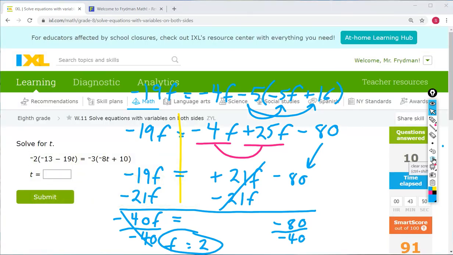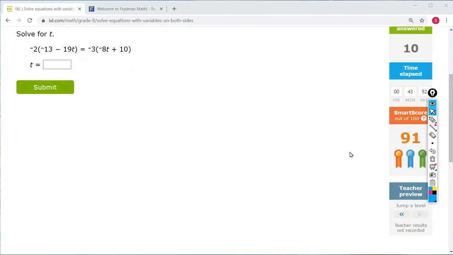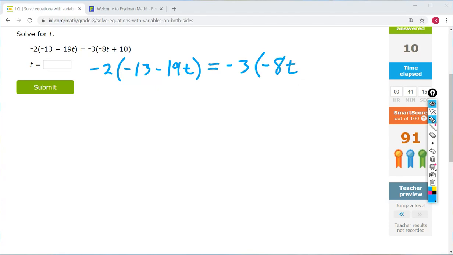All right, so let's do this one. Okay, let's begin by distributing.